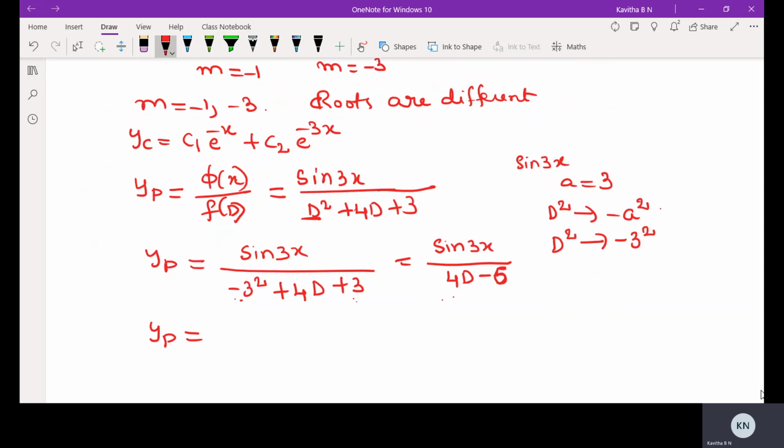In the denominator we have 4D - 6. Since the D² term is not there, we multiply the numerator and denominator by 4D + 6.